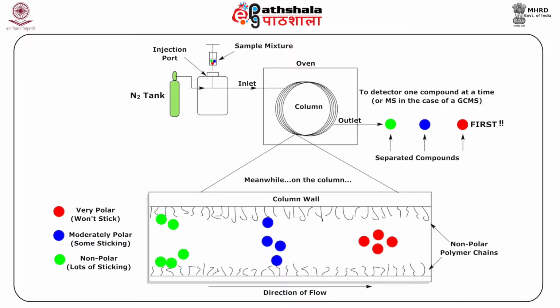And once it goes from this outside to the detector, moving via the adsorbent, then in the detector it is detected and it is then displayed in the form of the peaks on the computer screen, which can be further connected to the printer, and you can take the printouts of these chromatograms.